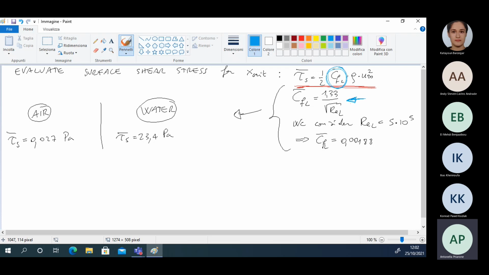I calculate it by imposing Reynolds L equal to 5 times 10 to the 5, that is the critical Reynolds value that determines the final point of the laminar zone, and I obtain for both fluids this number, 0.00188.